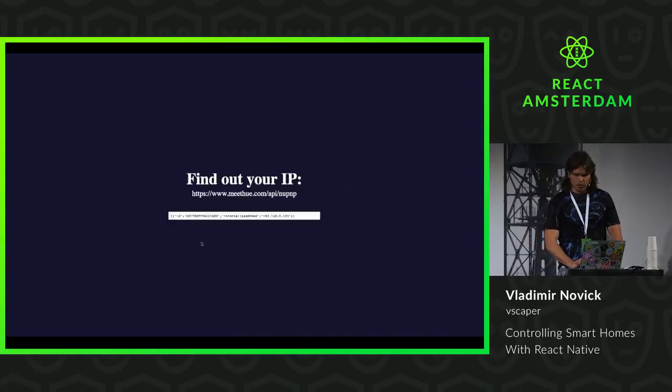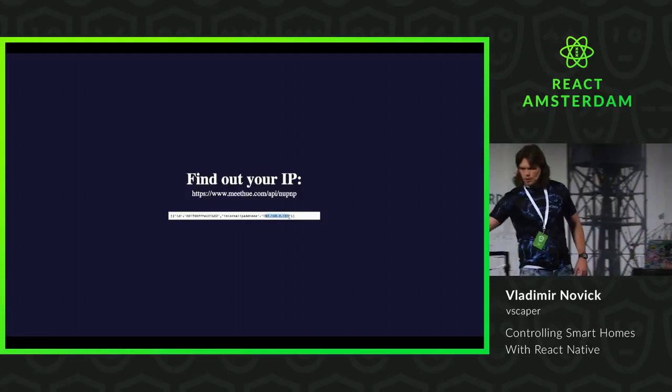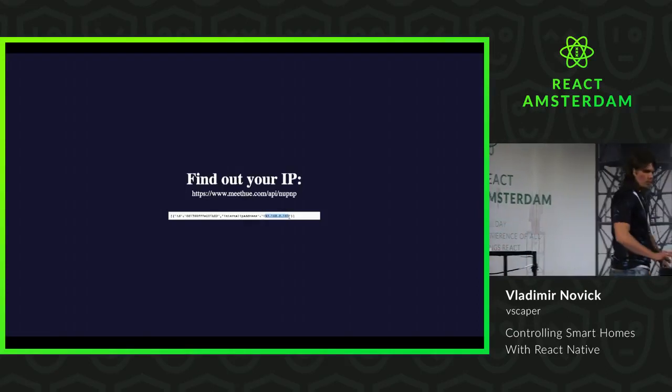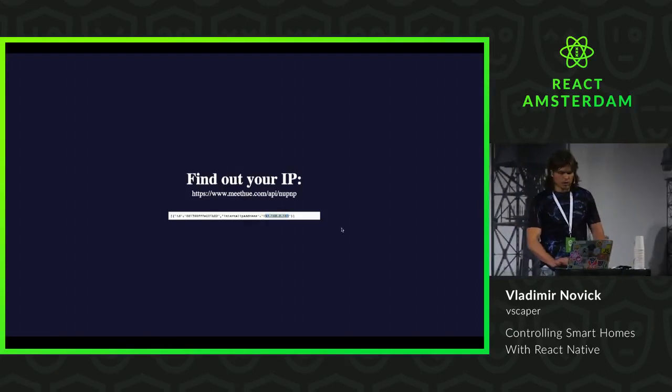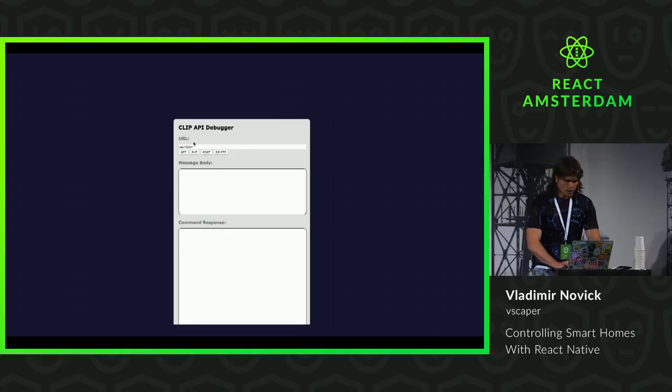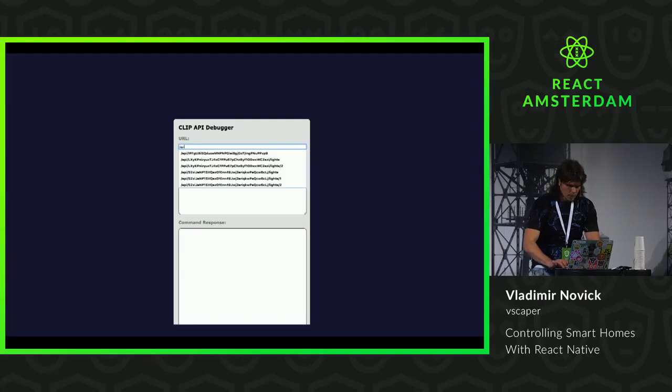And actually, you see right now, this is the actual IP of this bridge. So I can connect to the Philips Hue service and get the IP on a local network, and it just works. Or I can even try to access the light bulb.